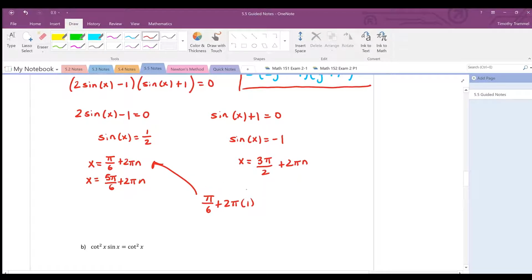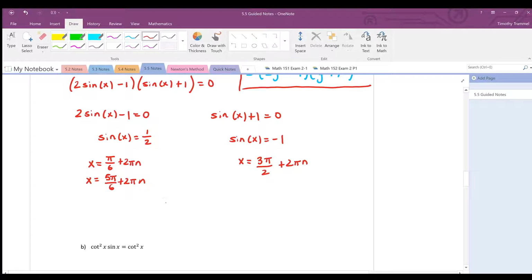So plugging in 1 is too much. And let's think what happens if we were to plug in a negative. If you were to plug in -1, this is going to be a number less than 0, and we want it to be between 0 and 2 pi. So the only value for n that we can plug in here and end up with something between 0 and 2 pi is n equals 0 for all 3 of these formulas.